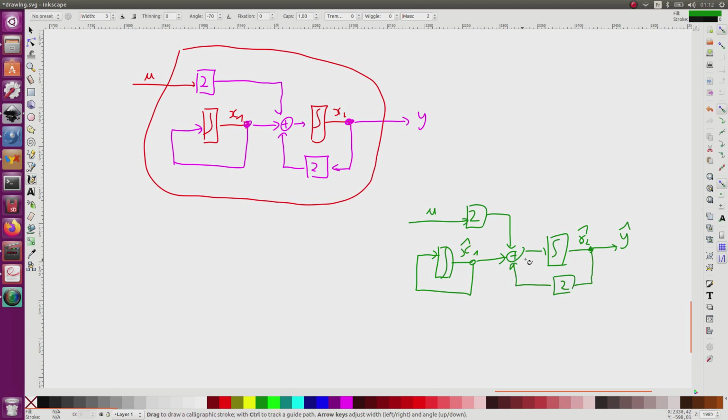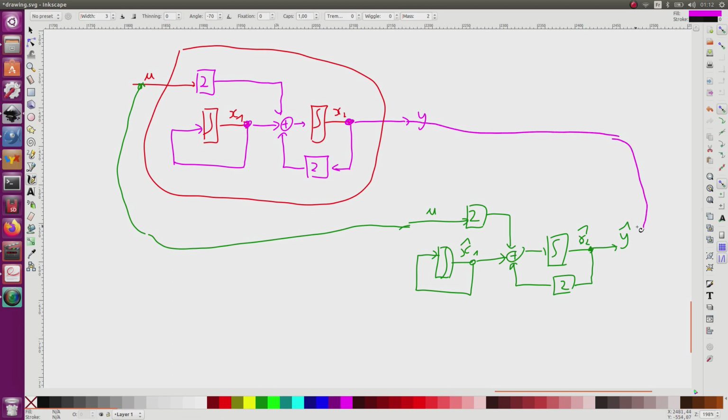So it is a copy of this one. Normally, since it is the same system, y and y hat should be the same. But it is not exactly the case. I will have an error between the two of them. So I will take this error, plus minus here, and it is the error on y.